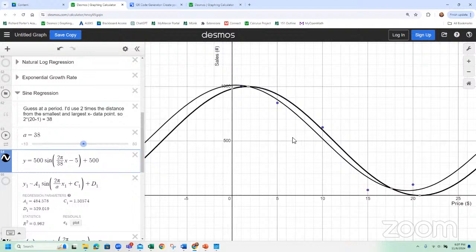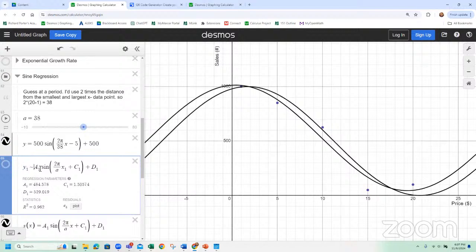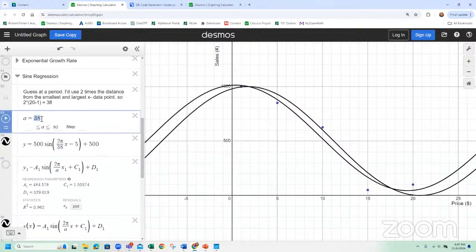So instead of me sitting here and fussing with it, I just told Desmos, find the best number in front. So the best number in front is 484. I said, find the best period, 2 pi over b. 2 pi over b would be equal to the period. So we put 2 pi over whatever that number is. In this case, little a is the period, so a is 38 because I set it to be 38.